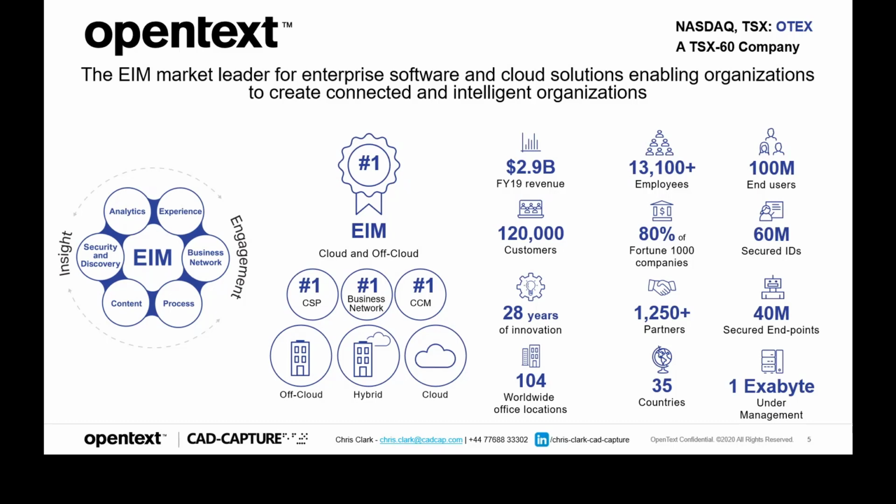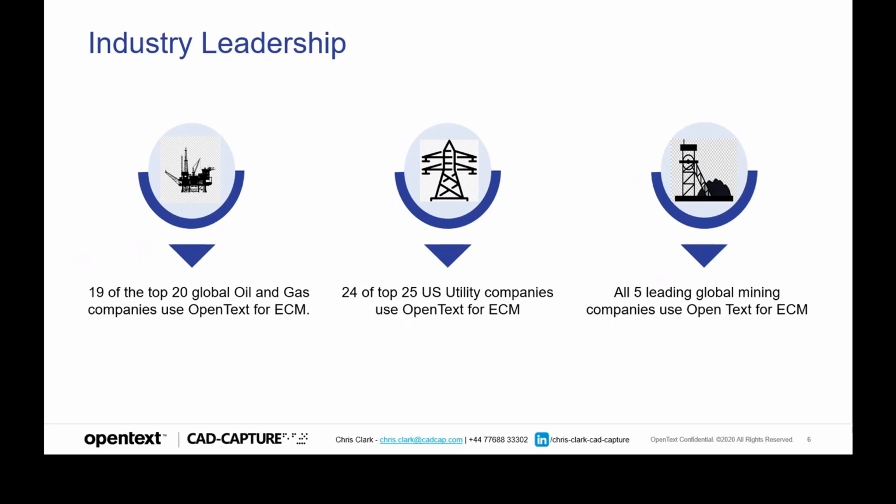And importantly, for today's session, more than 10% of our annual revenues are generated from the energy industry. That's oil and gas, utilities, mining, chemical, and so on. So this is a really important industry for us. We work with 19 of the top 20 global oil and gas companies, around actually 45 of the top 50, if we look at it on a slightly broader basis.